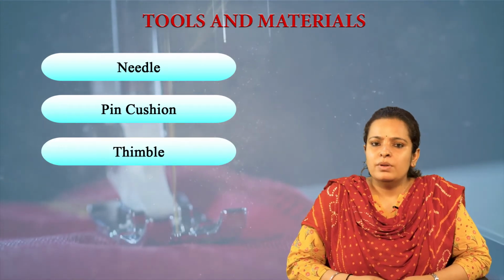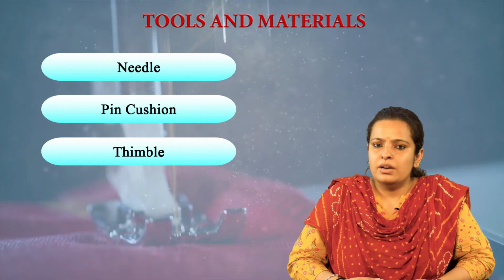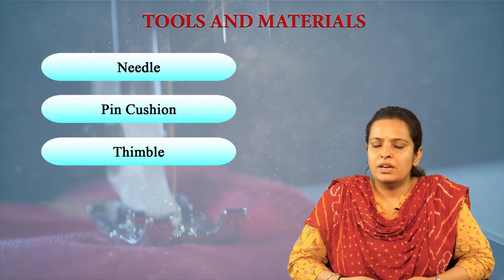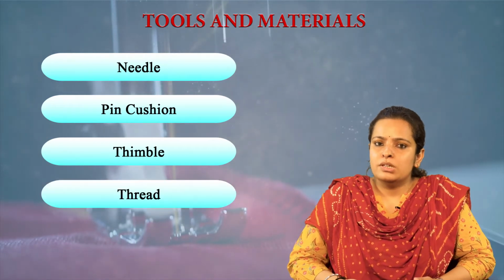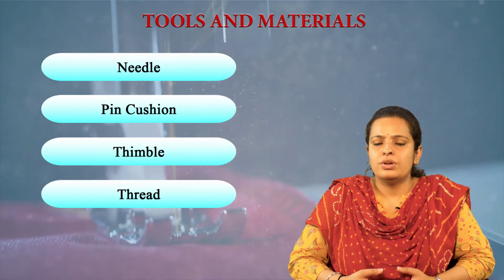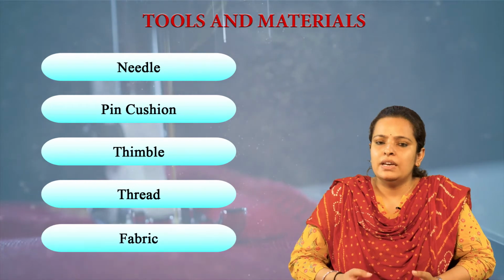We need a thimble, an instrument we wear on our finger so it doesn't get hurt by the needle. We use different types of threads to create the stitches, and we need fabric. So these are the basic tools we need to create basic hand stitches.